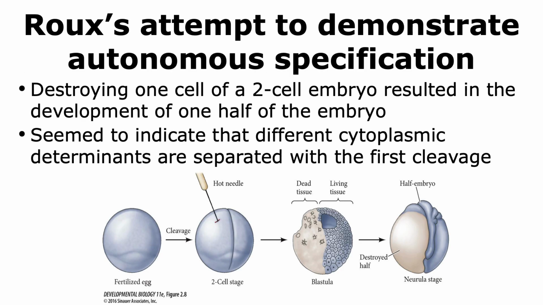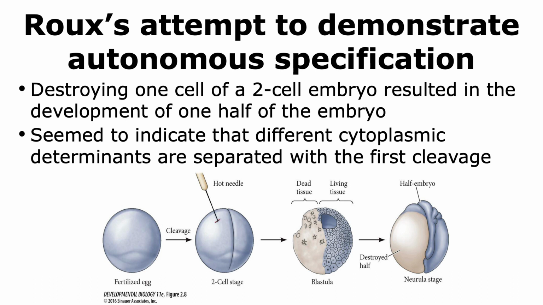Let us look at some experiments that were performed in the past. The first experiment was performed by Roux, who wanted to demonstrate that the only type of specification that occurred was autonomous specification.